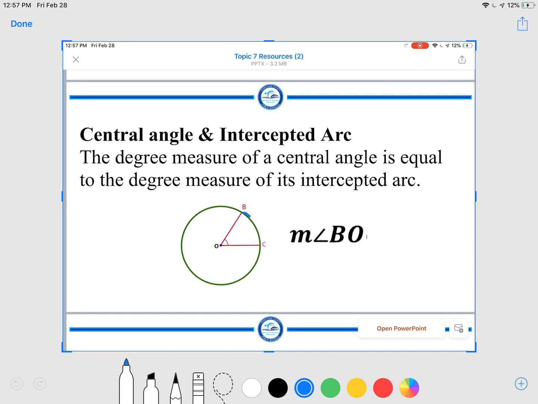The degree measure of this arc, BC, is the same as this degree measure right here. It's just that this is measured around the edge of the circle. This is actually part of a circle, whereas the angle, as we've dealt with them throughout the class, never really had anything to do with a circle. Okay.